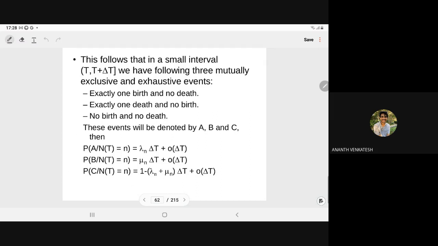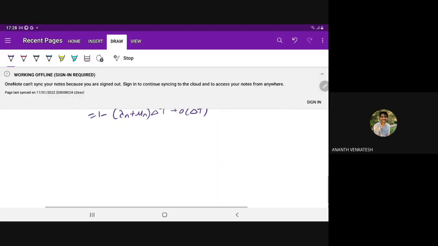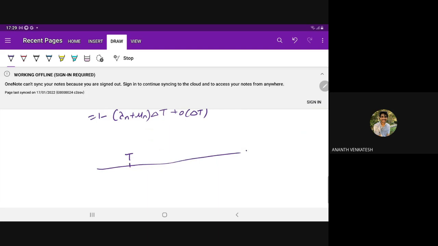Now, if I say this is the timeline, at this point this is t, this is t plus delta t. I want at the time t plus delta t, there must be n customers. Please listen to the word. So how can there be n customers?